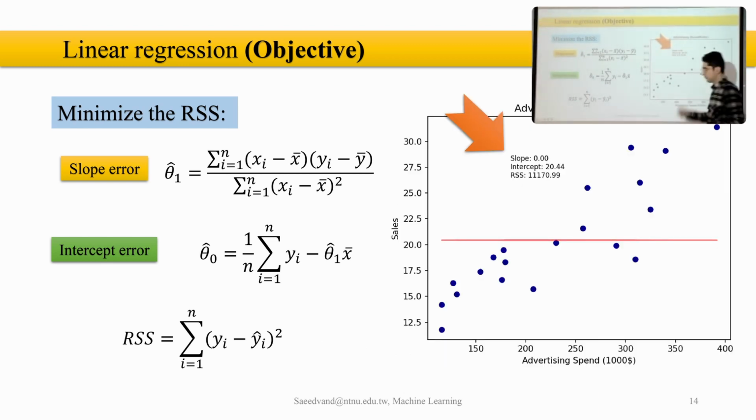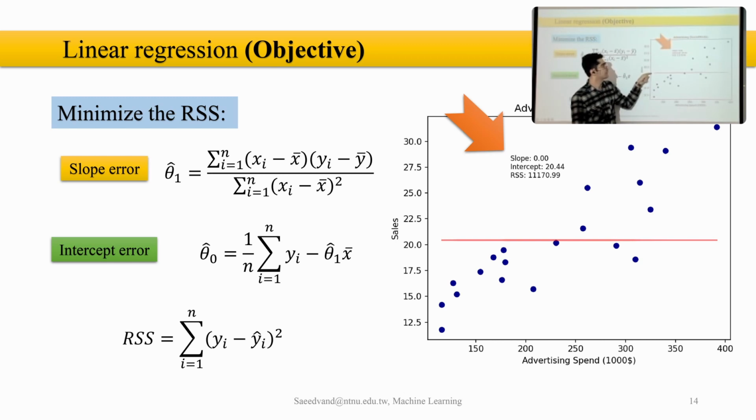How does it look? If you run that code, you will finally have this. If you plot it, of course, I will give you the code later, you will have this line over here, the prediction line. And I printed the slope, intercept, and RSS values. The slope is 0. The intercept is some value, 24.44, like here.